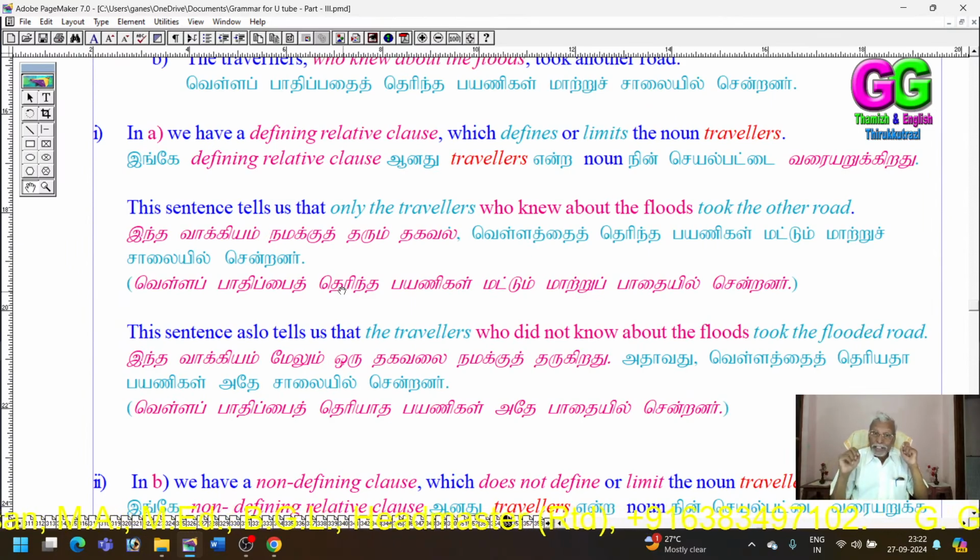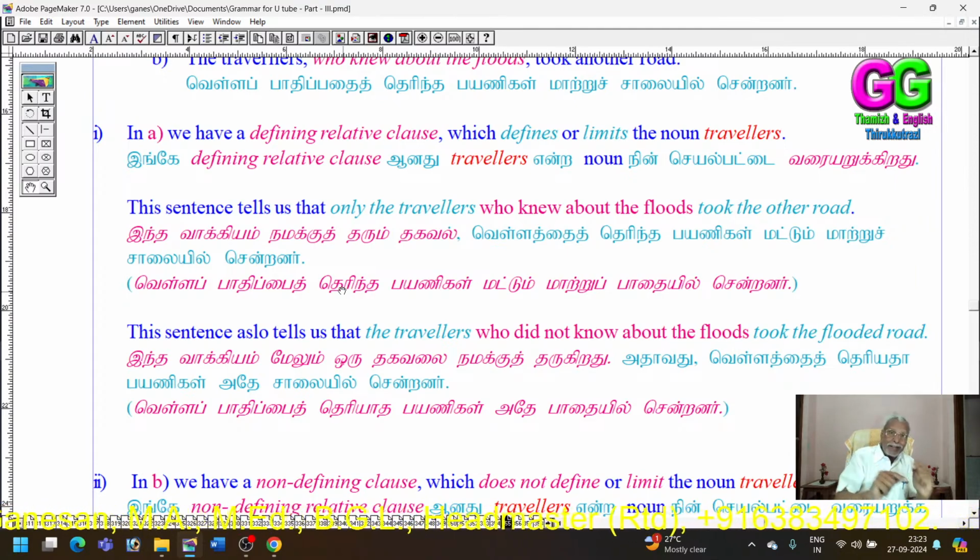My dear students, I will explain the defining and non-defining relative clauses once more. The defining relative clause tells us that the travelers who knew about the floods took another route. That is, this defining clause has two kinds of meaning. Only the travelers who knew about the floods took another route.